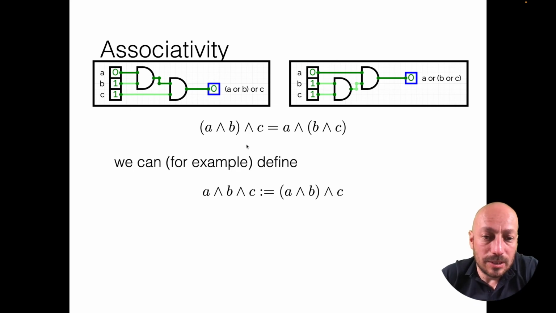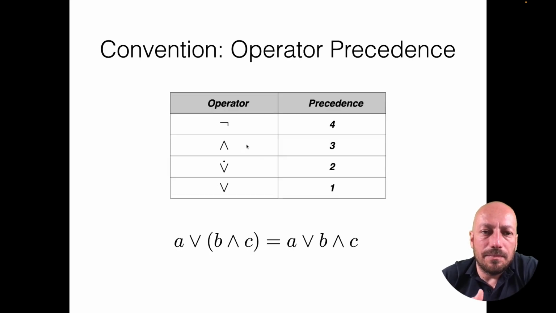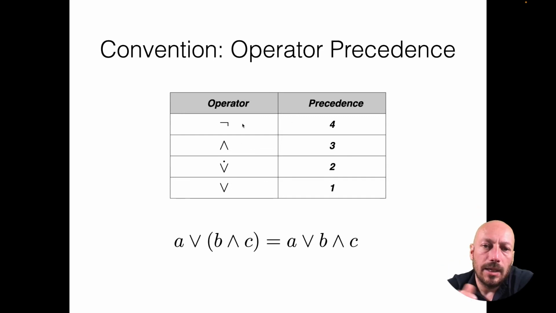But then we have also expressions with different operators, and in order to write it down expressive without too many parentheses, we have to deal with some convention for defining the precedence of certain operators. And I will follow some common convention, namely that the NOT operator has the highest precedence, the AND operator has the second highest precedence, then comes the exclusive OR, and the OR operator has the lowest precedence.